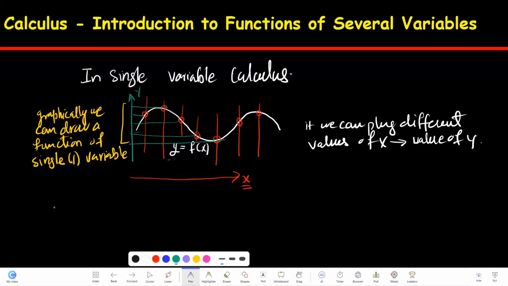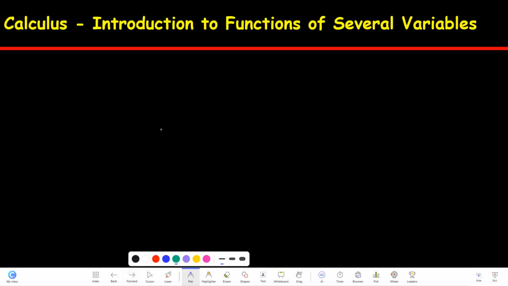Now, if you want to do it graphically, a function of several variables is going to look a little bit different, right? If the function has more than one variable, it's going to look pretty much like this. I'm changing gears and talking about functions of more than one variable.